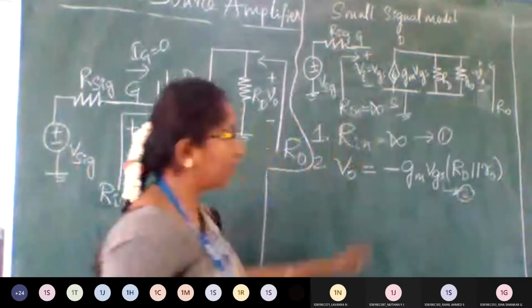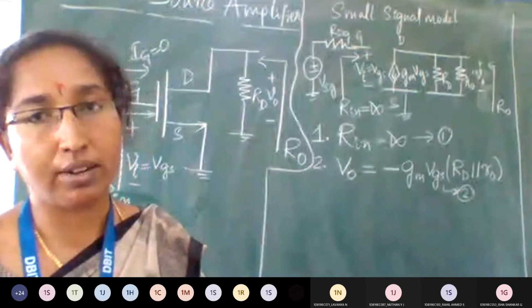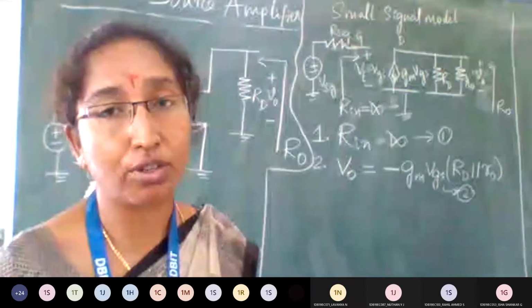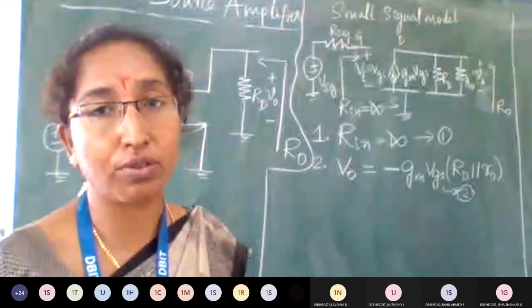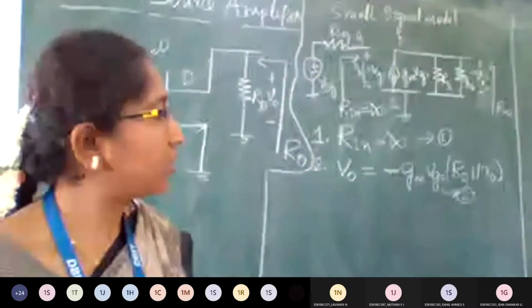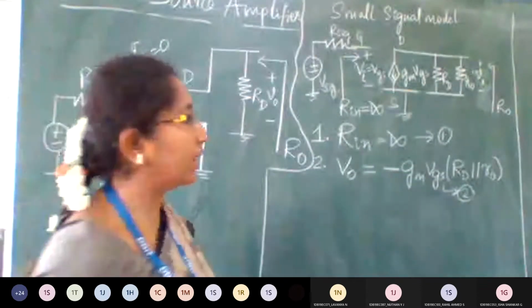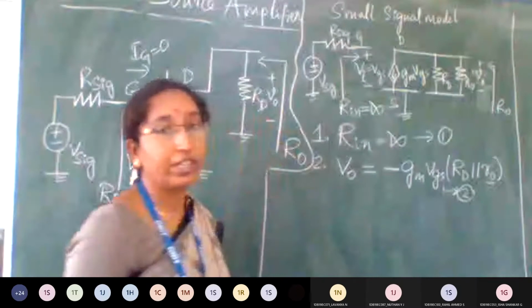So always you will get a negative voltage in a MOSFET, because electrons flow from source to drain, so current flows from drain to source, so we will get a negative. So gm into VGS, RD parallel r0. This finite output resistance r0, we are not considering in all the things.